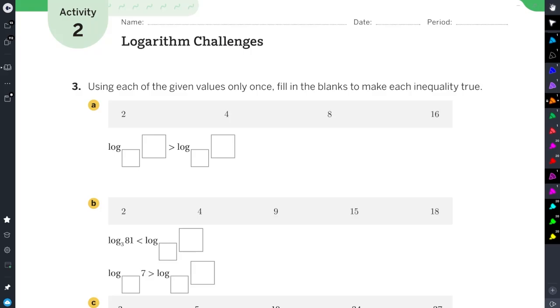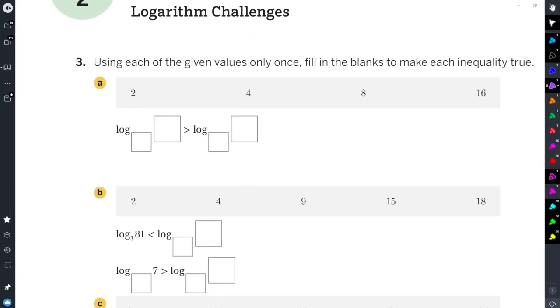There's multiple correct answers. We're going to use each of the given values only once, filling in the blanks to make the inequality true. So for letter A, log base blank of a number is greater than log base blank of another number. So we want the left side to be bigger than the right side.